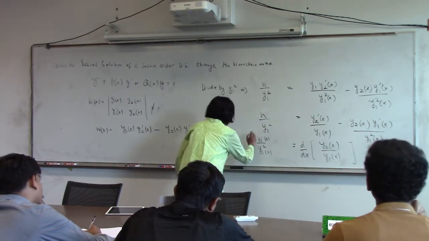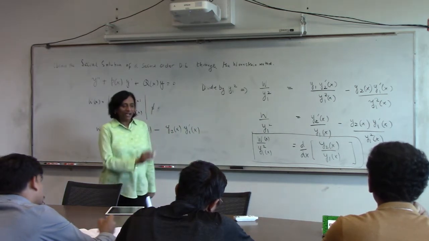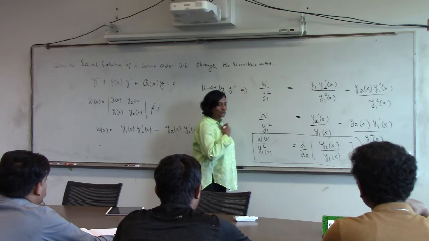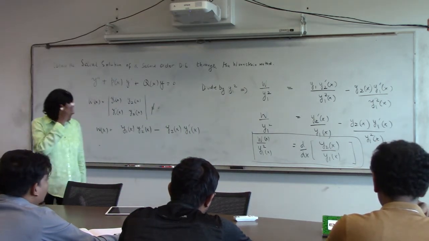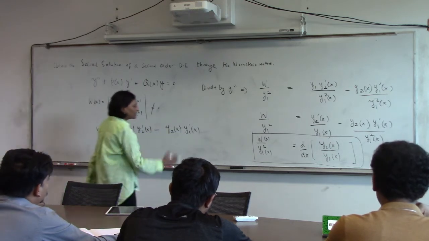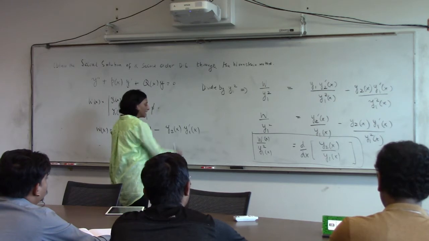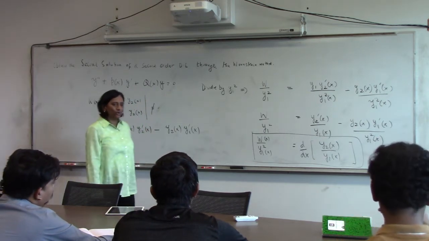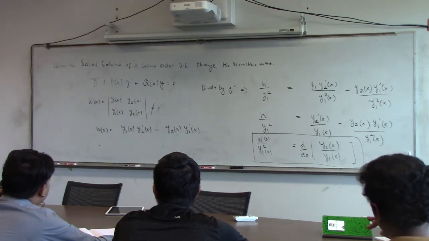So once you get this form, then I have a relationship. I have something now. What I want to do is, given knowing y1 x, how am I going to predict y2 x? So what do I do with this equation now? Assuming that we know how to calculate the Wronskian, how are you going to get y2 x in terms of y1 x? What kind of manipulation can we do with that equation?